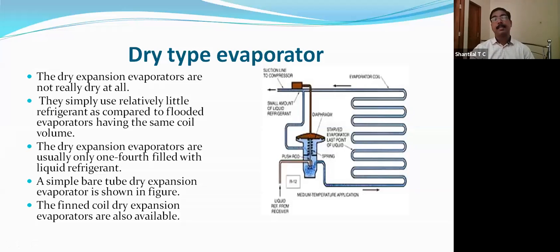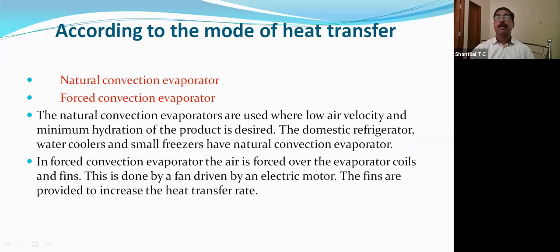Then another classification of evaporators in this field is natural convection evaporator and forced convection evaporator. What is a natural convection evaporator? Natural convection evaporators are used where low air velocity and minimum dehydration of the product is desired.